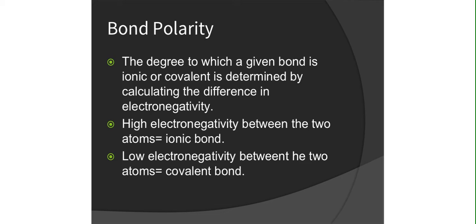So what is meant by the electronegativity of an element? This is another recall I want to talk to you about. Electronegativity, again, is defined as the relative ability of an atom to attract electrons when present in a compound. I'll show you a table in class of what these electronegativities look like.